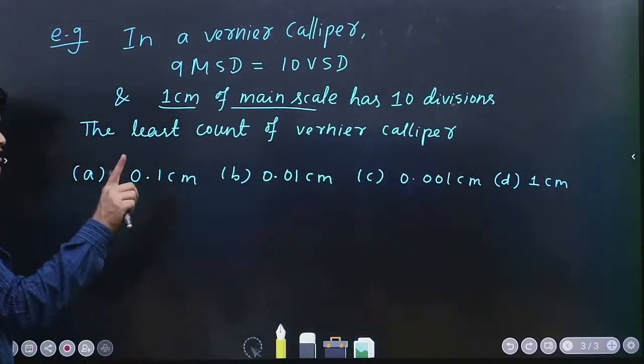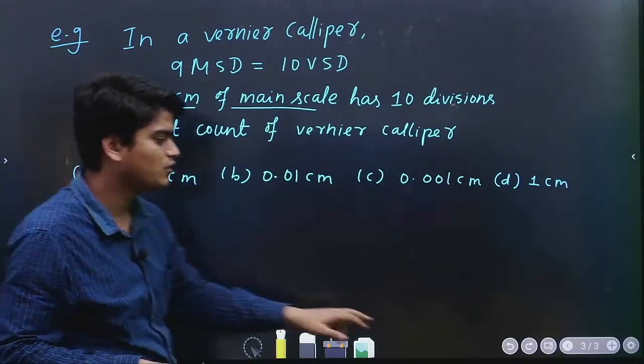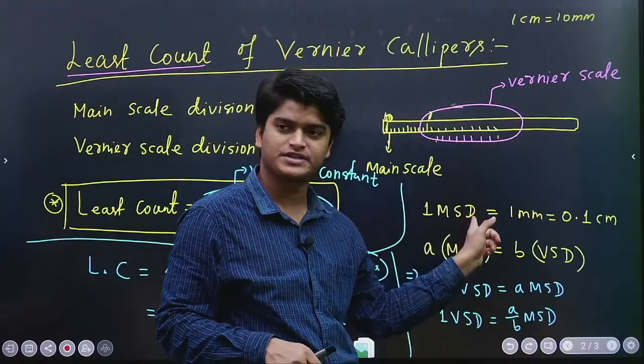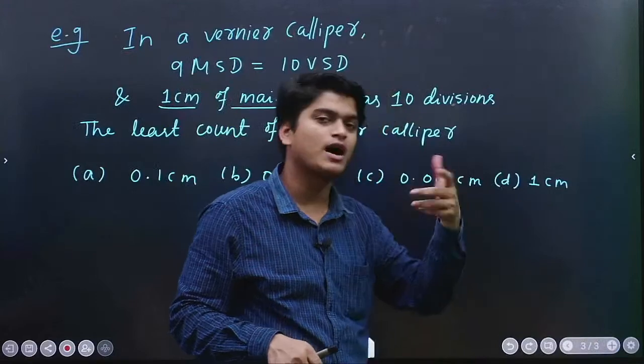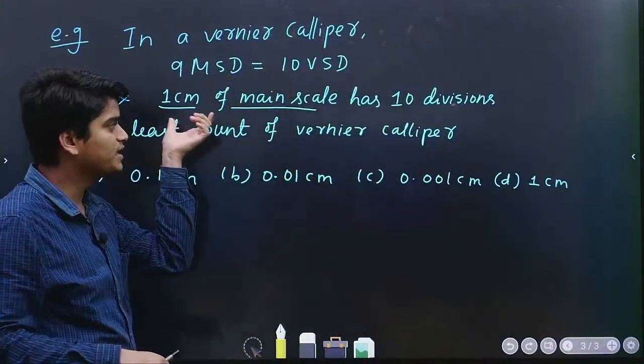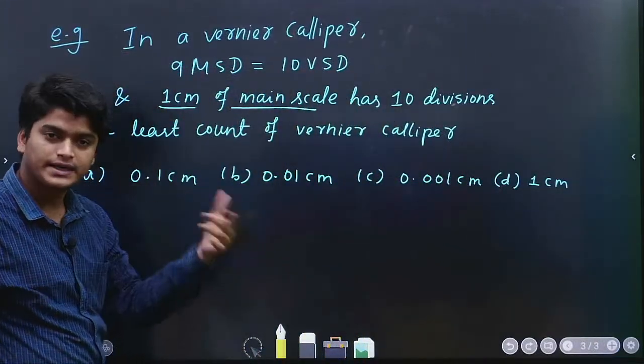Yes or no? I told you, either directly they will give the previous things what I told. I told 1 MSD equal to 0.1 centimeter. But here what I am asking in terms of language. 1 centimeter of main scale has 10 divisions.